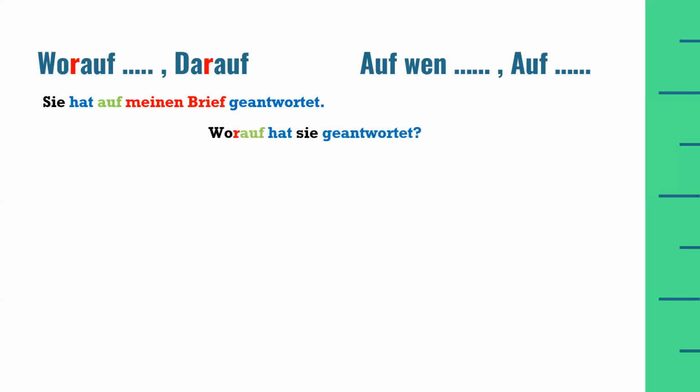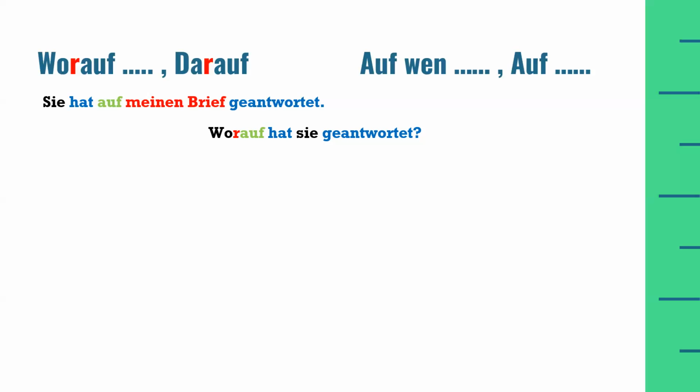Now, if we want to ask a question about this sentence, worauf hat sie geantwortet? To what has she answered? She has answered to the letter. Therefore, we have to use the wo compound.